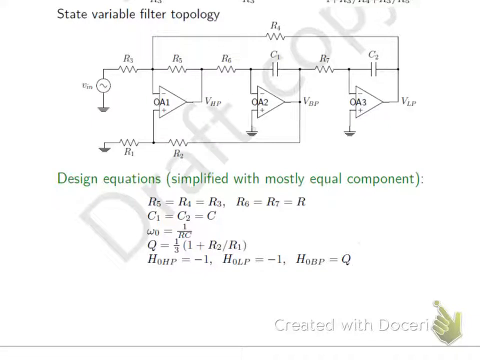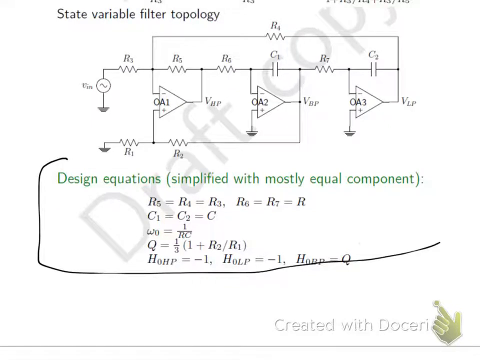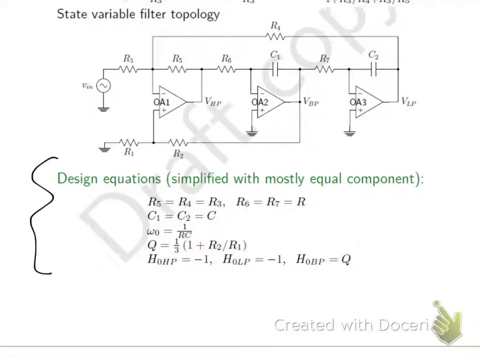So a way to simplify your design is to use these equations. So basically you make your R's, R5, R4, and R3 equal, and R6 and R7 are equal to another value of R. And you make your capacitors equal, and this makes your calculating omega much easier.